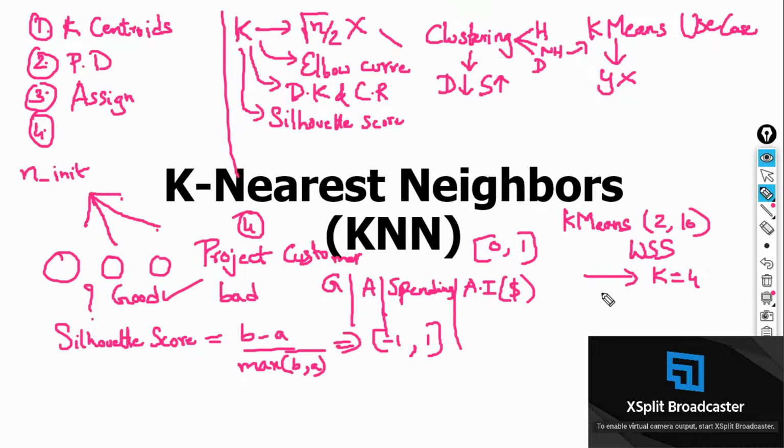Everything is done. I assume no questions on the previous topic, and I request you to also do hands-on by taking any available data sets. There are publicly available data sets. On these publicly available data sets, you are supposed to perform the k-means algorithm.